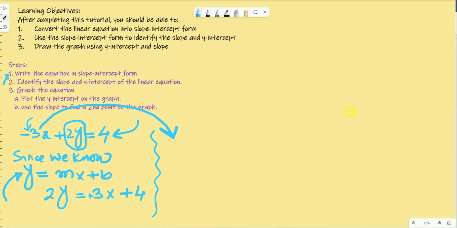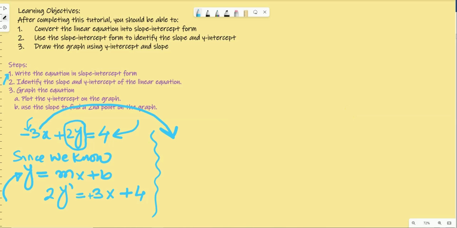We have got the latest status of the equation: 2y is equal to 3x plus 4. But still we did not get the format which we are required. We are required to isolate the y.